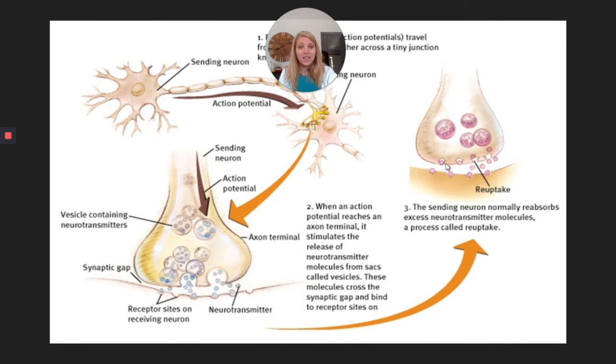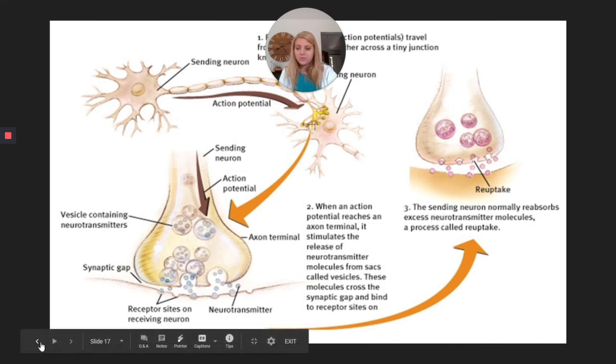And so this process is known as reuptake. The process of reuptake becomes really important to us when we start talking about drug usage, because many drugs are going to affect us right here at the synapse, and the process of reuptake can sometimes be altered.